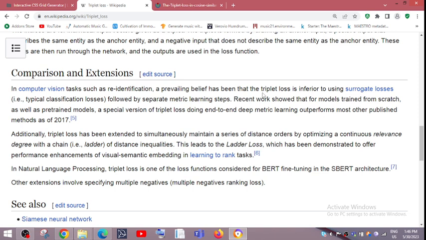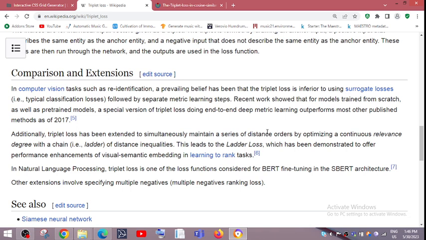Recent work has shown that a model trained from scratch, as well as a specific version of the triplet loss, is doing well in deep metric learning and outperforms most of the other published methods as of 2017. It has become more and more famous because it is outperforming the classification approach.